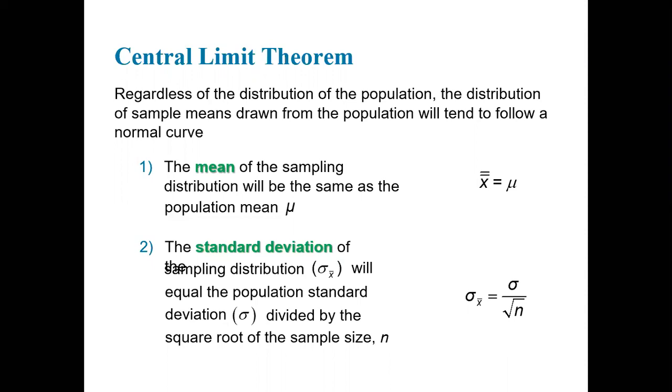Again, for the standard deviation, we're going to assume that the dispersion within that sample is going to closely mimic what the standard deviation or dispersion would be in the general population.